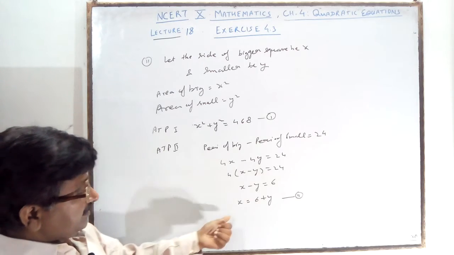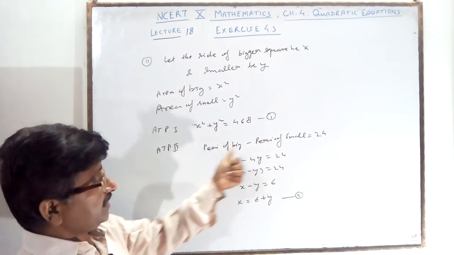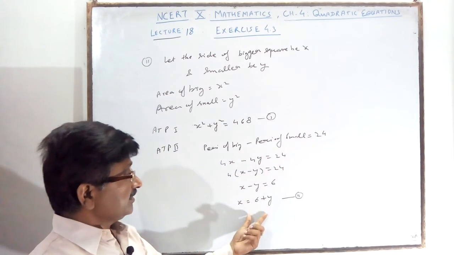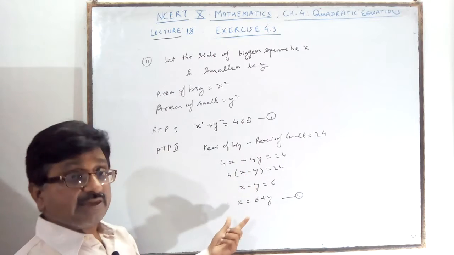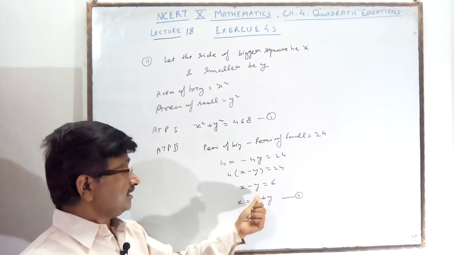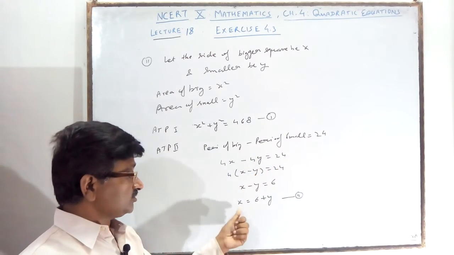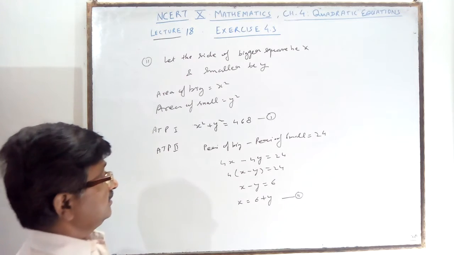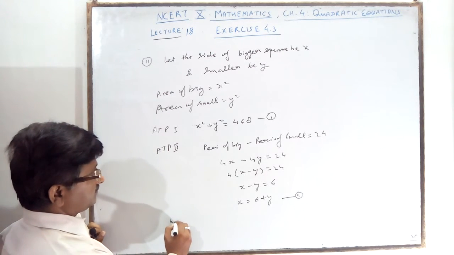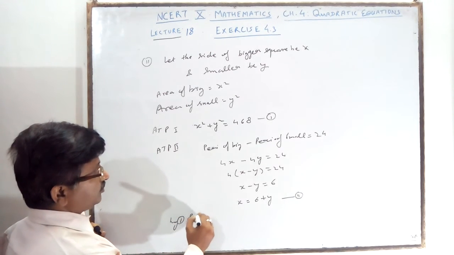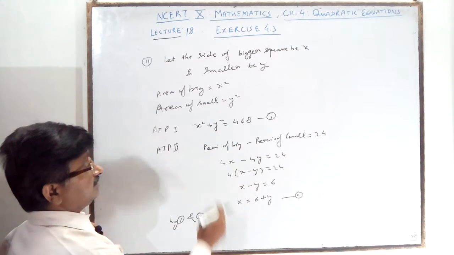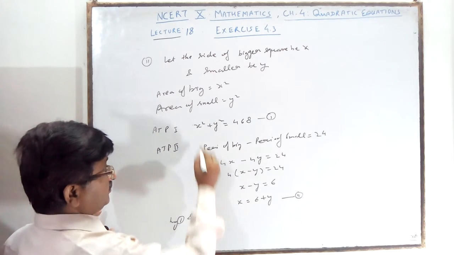The relation between the big square and the small square is given by the difference of their perimeters: 4x minus 4y is equal to 24, so x is equal to 6 plus y. By the first and second equations, put the value of x from the second into the first.